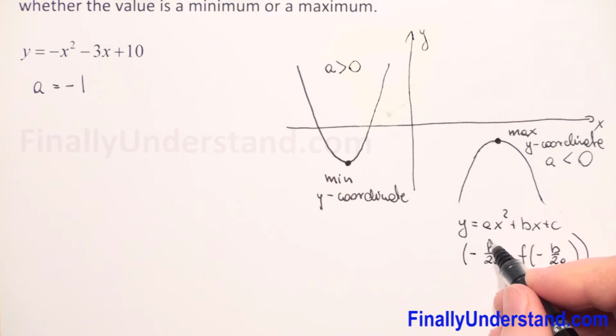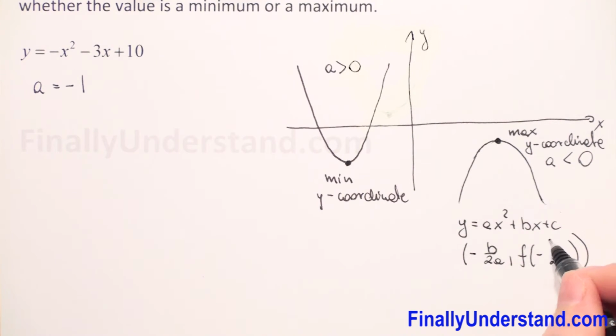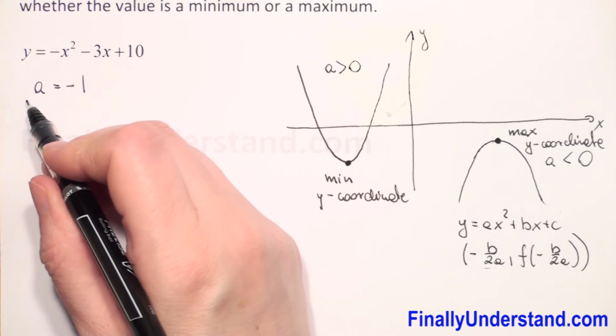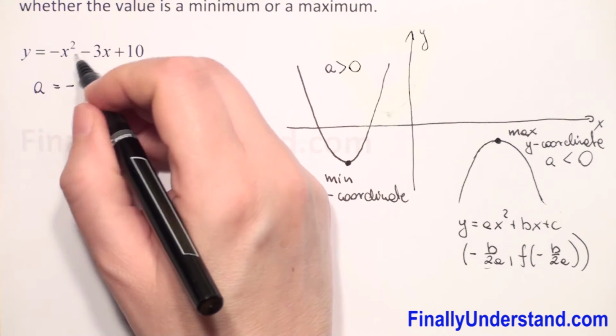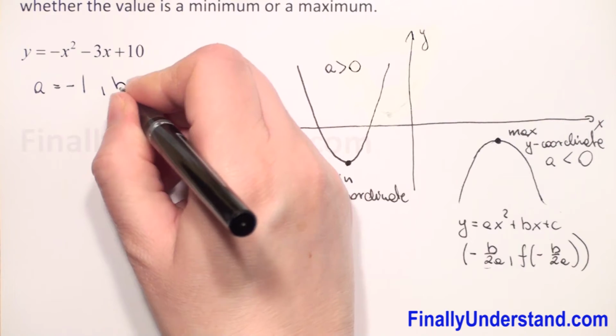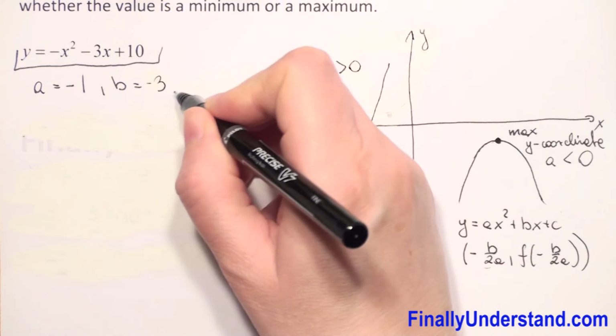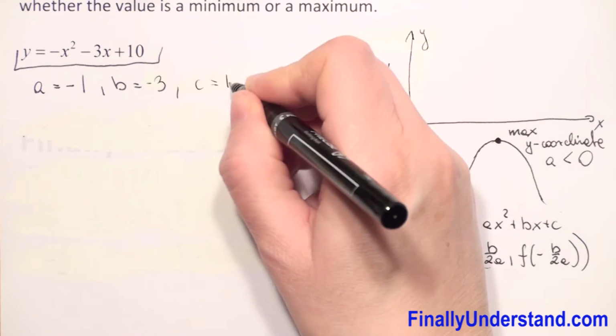This is the x coordinate, this is the y coordinate. We need to find y, but to find y we need to have x. So first we have to know a and b. So a is -1, b is -3, and c is 10.